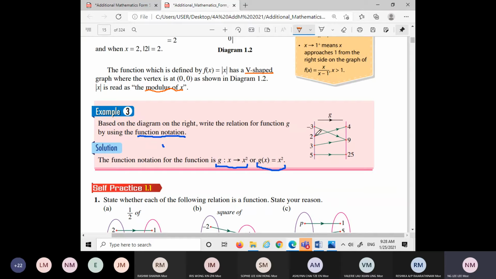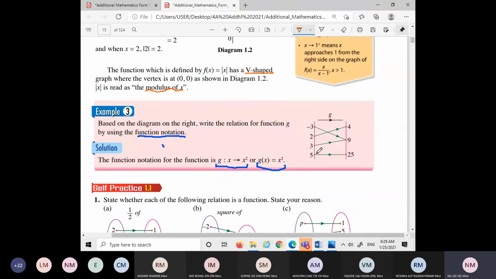The same process like just now: you make the 2 become 4. Same process for the 3, you make it become 9.